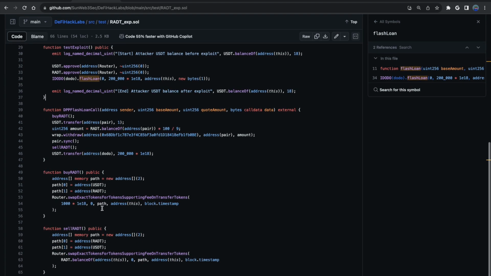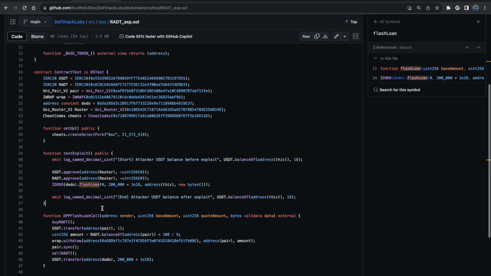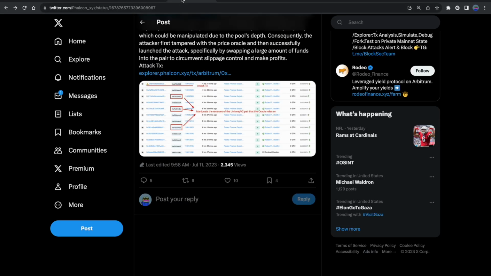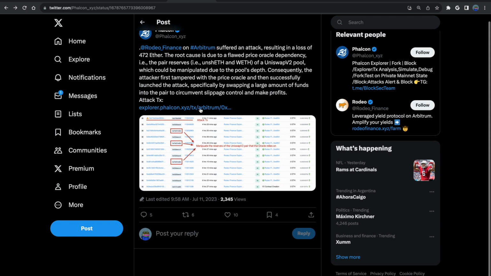So you can take a look through this contract to see this in action. But what's interesting is, let's bring this over here.